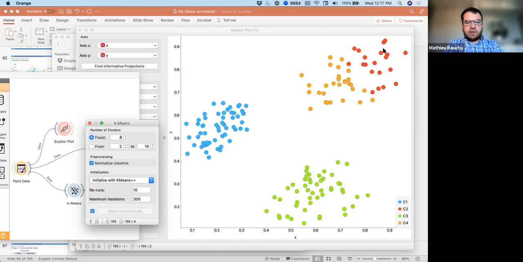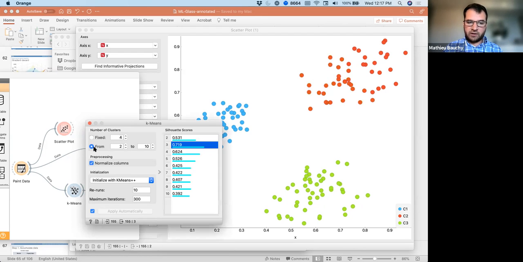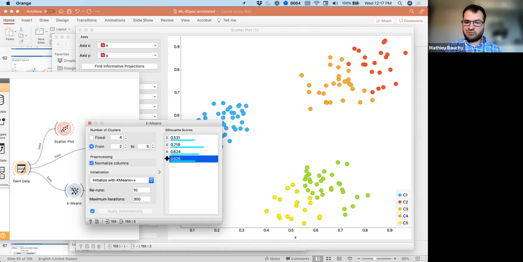So here, let's assume that we do not know the optimal number of clusters to describe those data points. One thing you can do is use this function here. You can say, I want to try every combination between 2 clusters up to 5 clusters. So what this Orange software is going to do is try to use 2 clusters or 3 clusters or 4 clusters or 5 clusters.